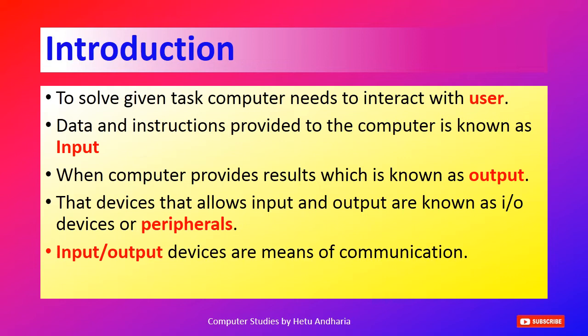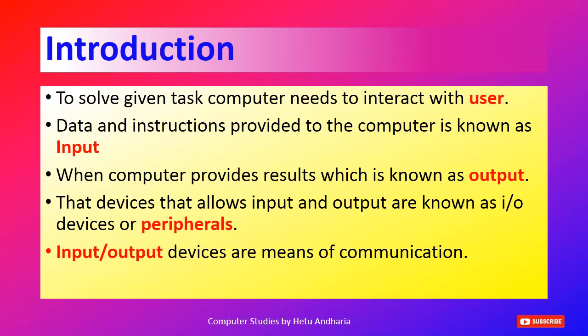When data and instructions are given to a computer, it is considered as input. This could be asked in the MCQ. When the computer provides results, it is known as output. The devices that allow such input and output are known as I/O devices, that is input-output devices, or they are also known as peripherals.